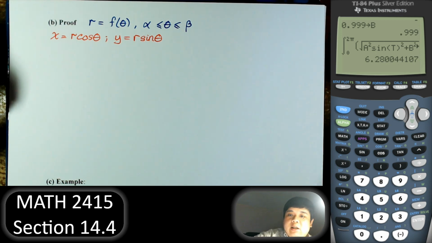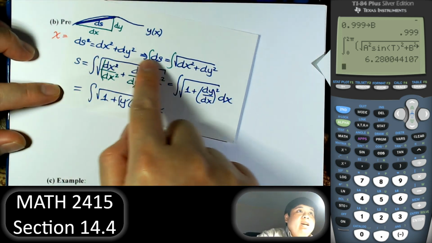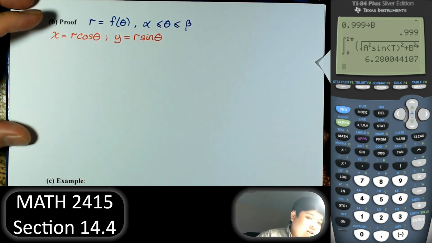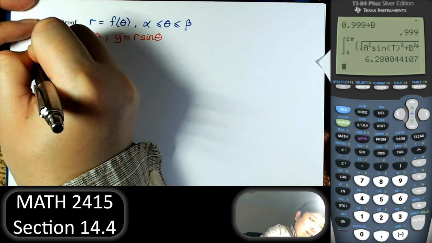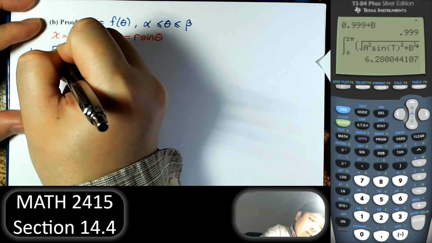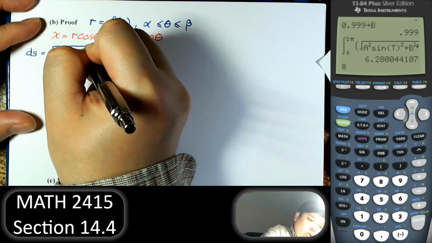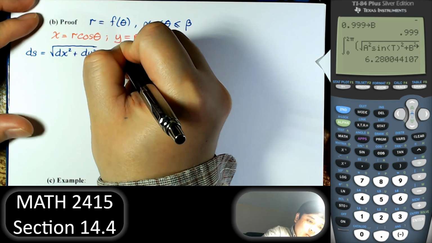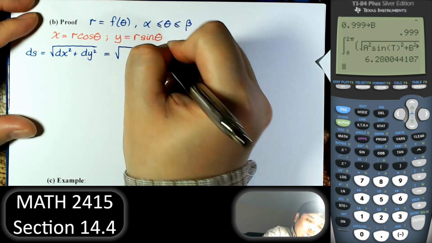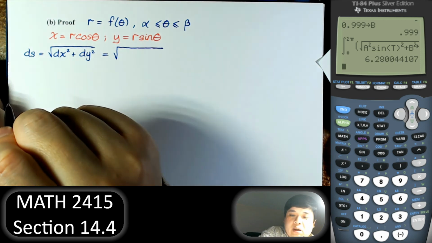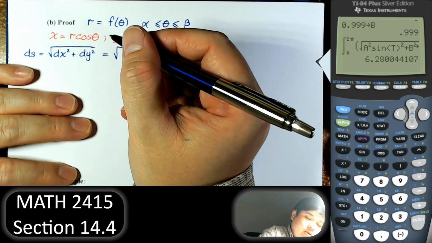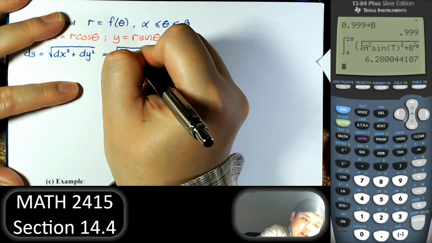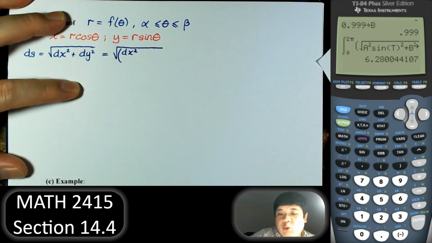Right? And then we do the same thing here. But instead of dividing by something, we'll divide by some different things. So ds equals the square root of dx squared plus dy squared. It just depends what we want to divide by.